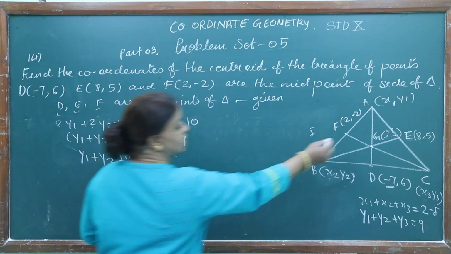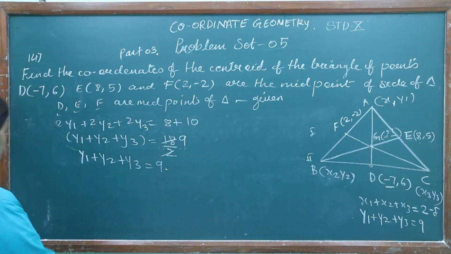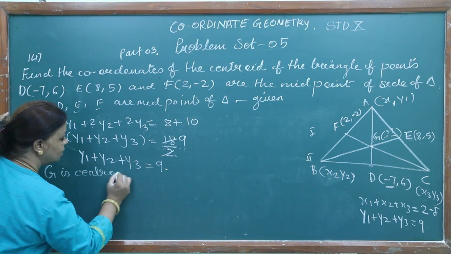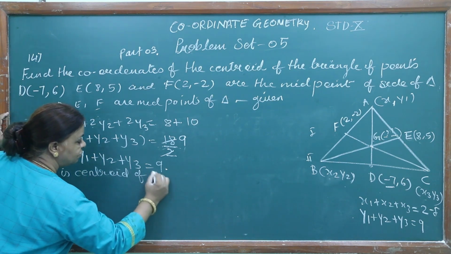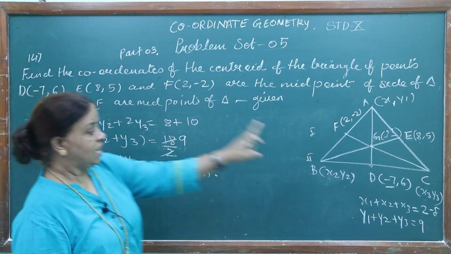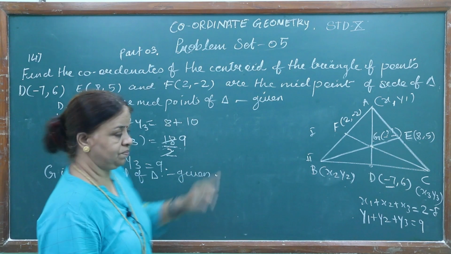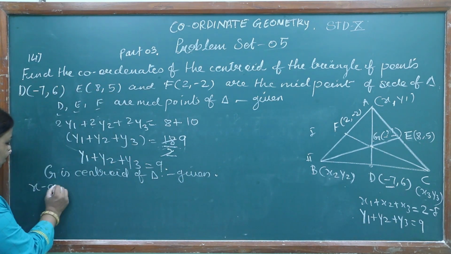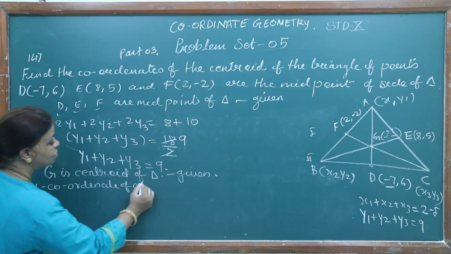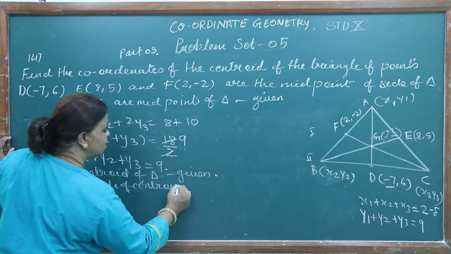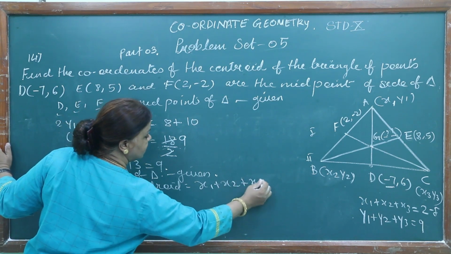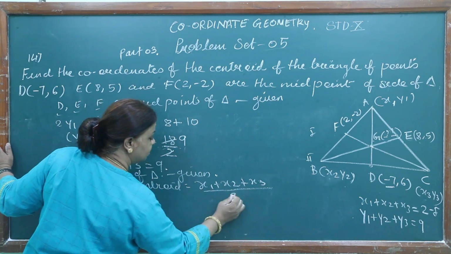And we know G is the centroid. G is the centroid of the triangle, and it is given. Therefore, the x coordinate of the centroid is equal to x1 plus x2 plus x3 upon 3.